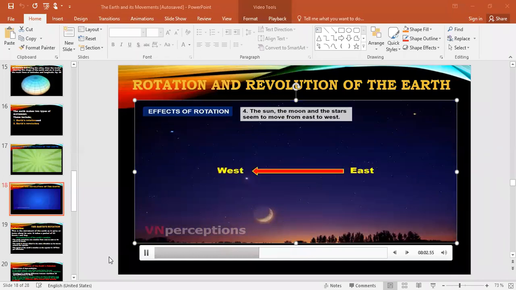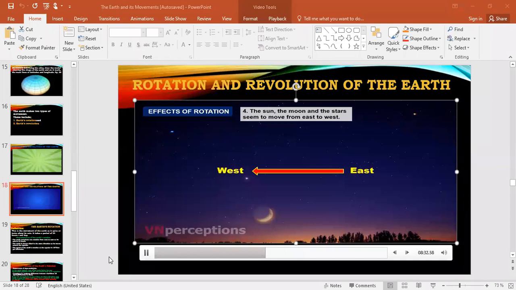The next important phenomenon that we see is the sun, the moon, and the stars seem to move from east to west. Now you may say that you have seen the sun moving from east to west. What about the moon and the stars? But actually, if you see in time lapse, you will understand that they all are moving from east to west. This is because the earth is spinning from west to east. Now, this effect is similar to what one experiences while sitting in a train and looking out of the window.